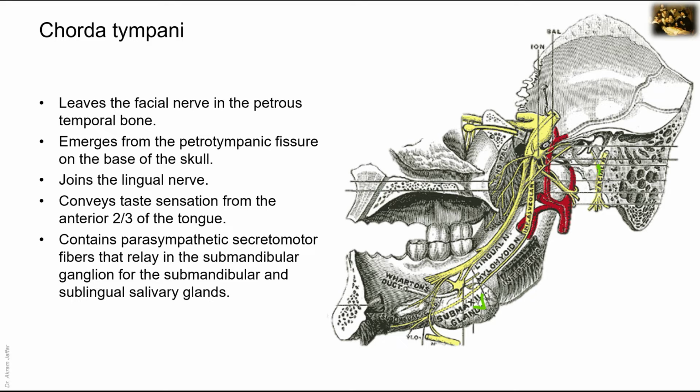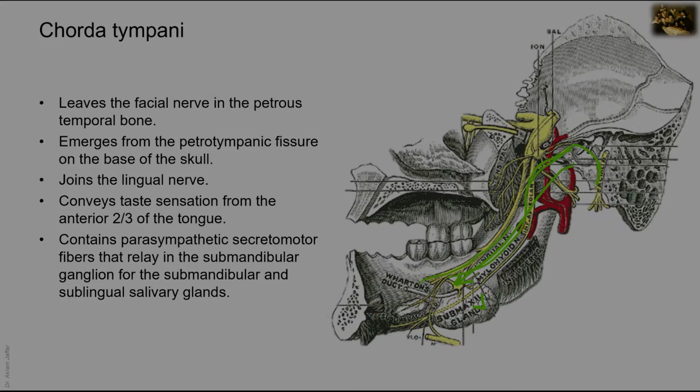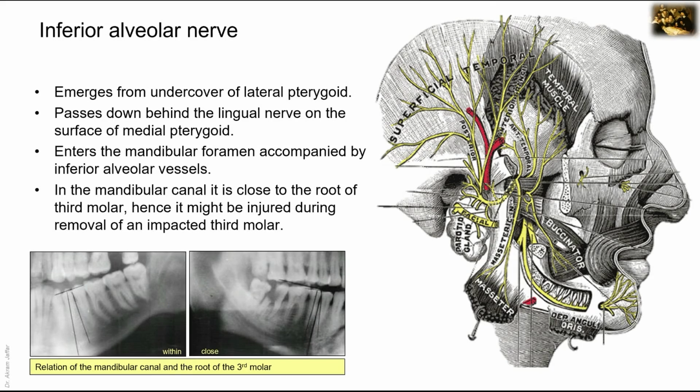It carries the fibers of general sensation and carries taste fibers that later pass through the chorda tympani, and the chorda tympani also carries secretomotor parasympathetic fibers that are going to relay in the submandibular ganglion.